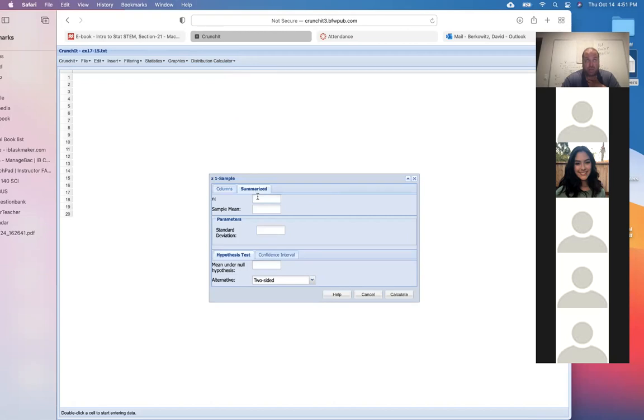Summarized. What should I put in for N? Okay, 72. What should I put in for the sample mean? 124.86. What should I put in for the standard deviation? $40. Is it a hypothesis test or a confidence interval?